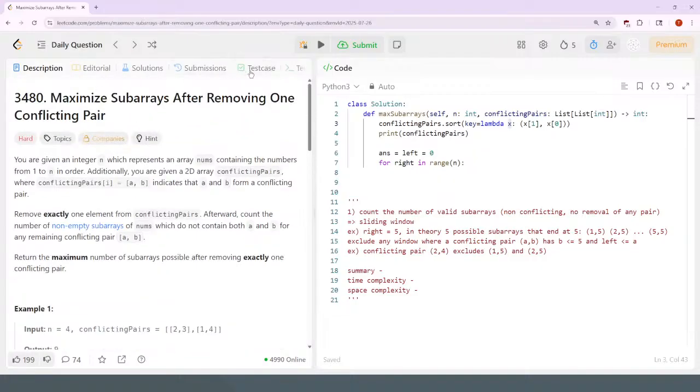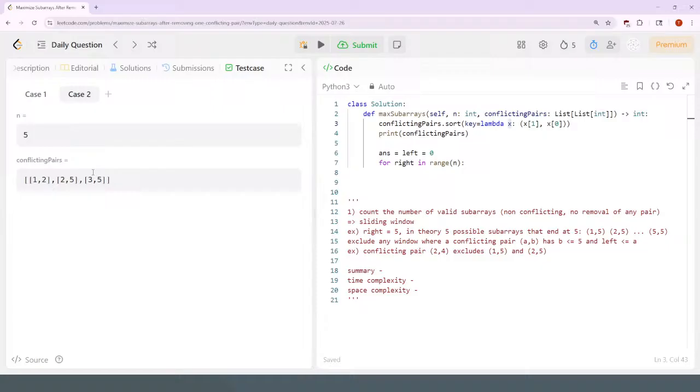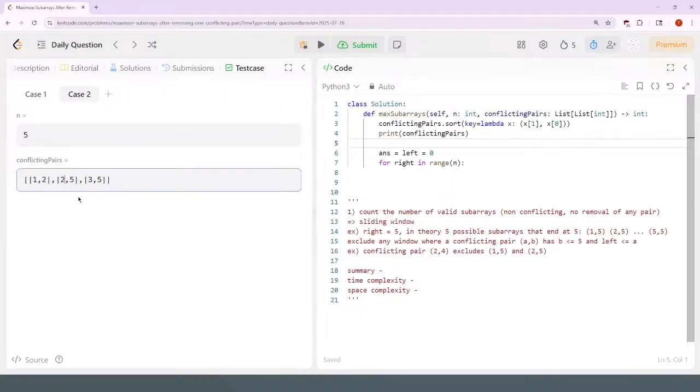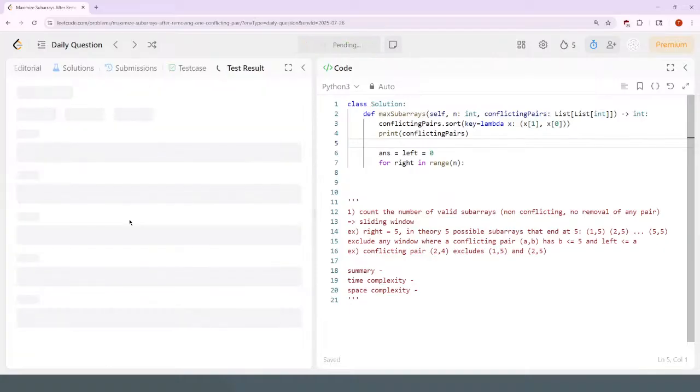Let me do a test case here, to make sure that syntax is correct. Let's add something that will go in between. Actually, let's do 2, 5, 3, 5, 2, 5, and then 2, 4. This is gonna crash.